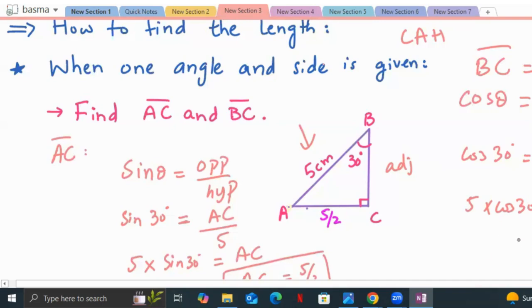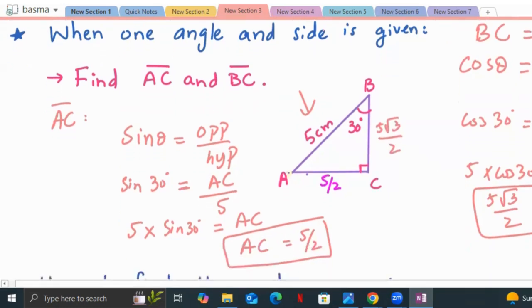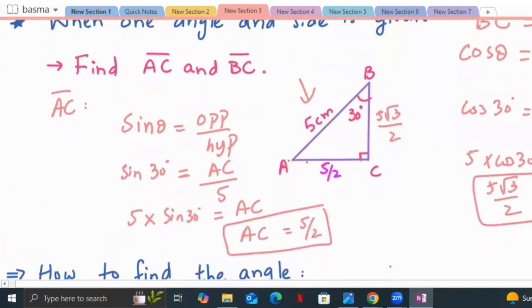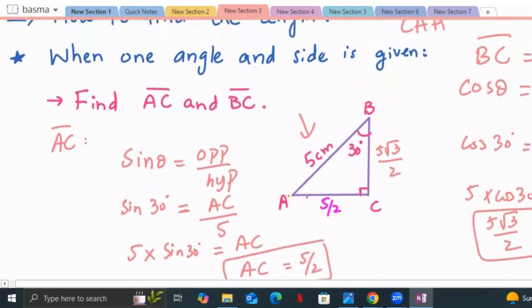Root 3 over 2 times 5 is going to be 5 root 3 over 2, and that is your BC length. Here we go. So this is how you can find the missing length if one angle and one side is given. You can always use SOH CAH TOA there.